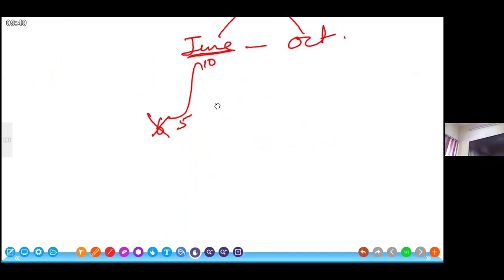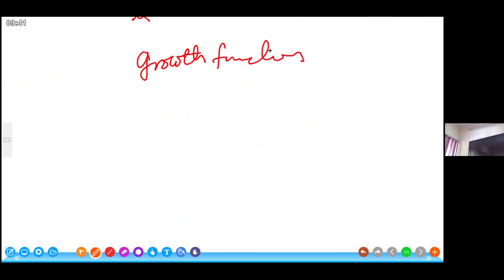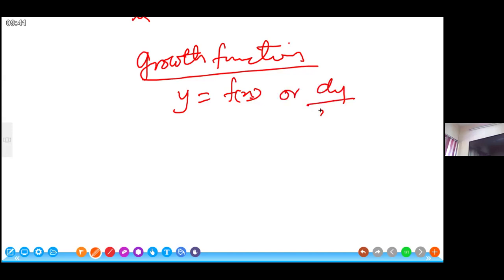A few more on part 2. Those are the applications on part 2. Let's say I have a growth function. As an example, let's say y is equal to f(x), or I can give it in dy by dx.